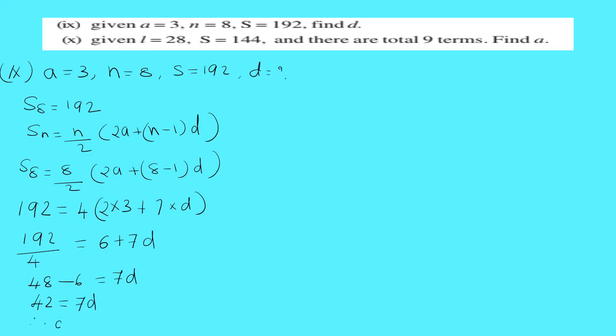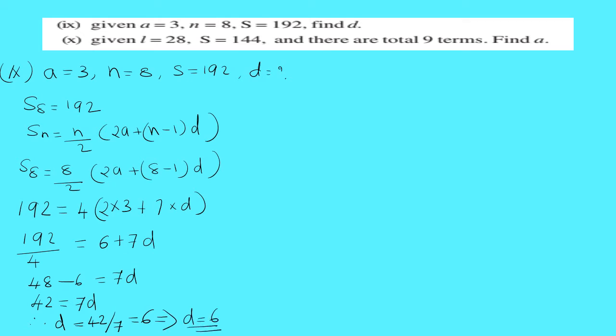Therefore, d equal to 42 upon 7, that is equal to 6. So you are getting d equal to 6.